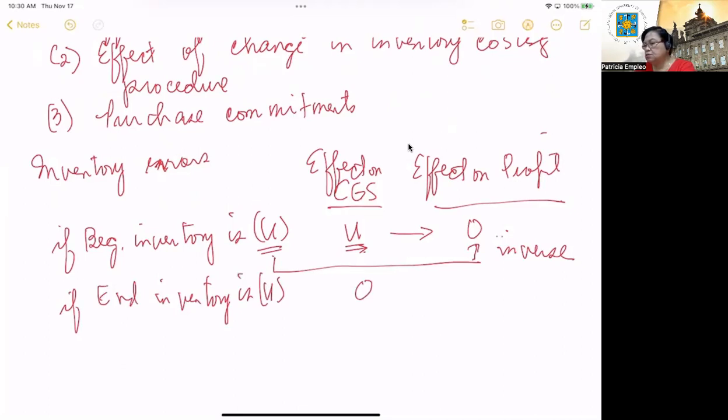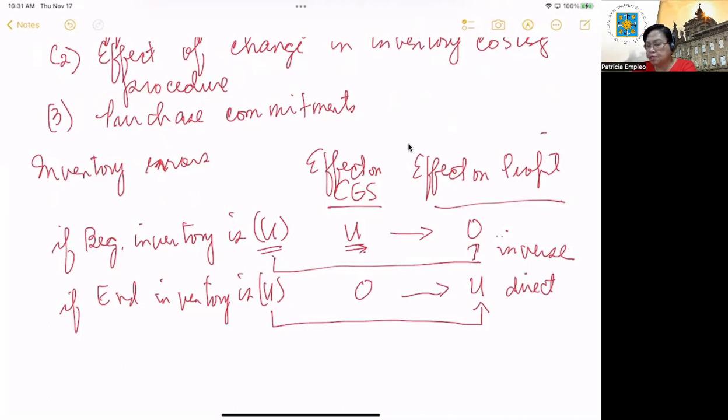And because cost of goods sold is an expense, if expense is overstated, then your net income will be understated. That means, if ending inventory is understated, profit will also be understated. Summarizing, ending inventory has a direct relationship on profit.